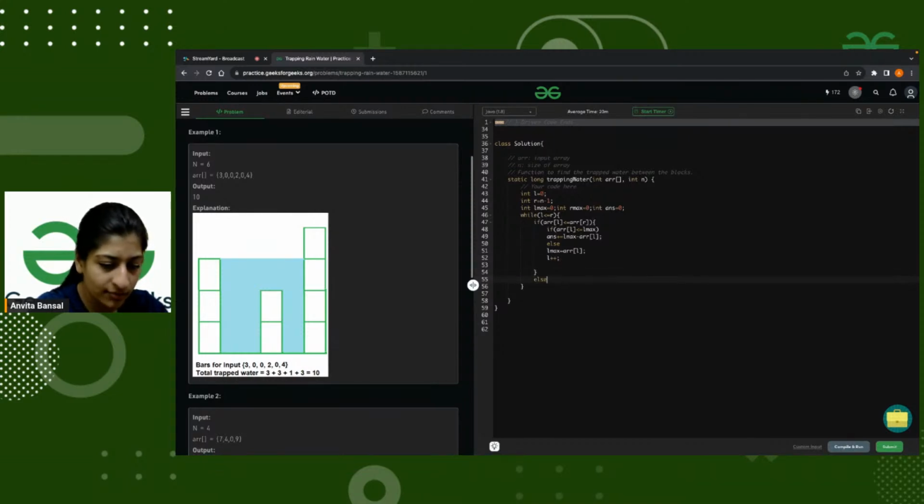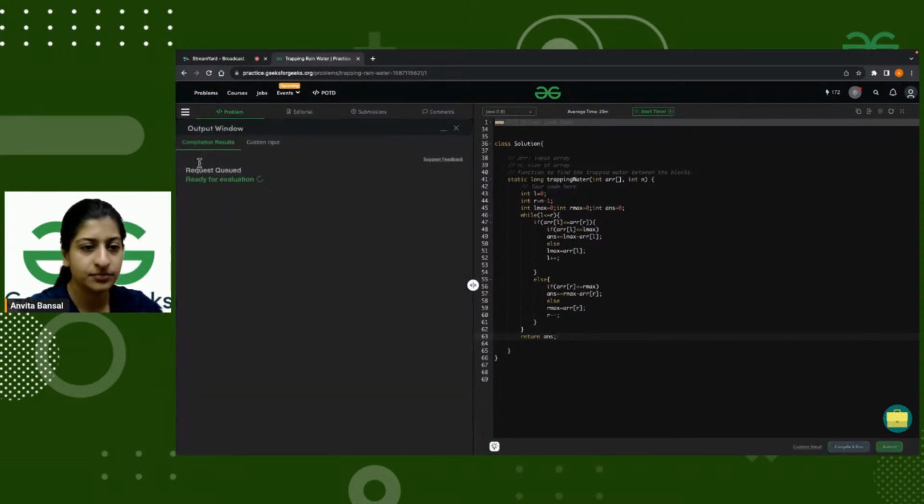Similar thing you are doing when your ARR of R is smaller than your ARR of L. In that case, if ARR of R is less than or equal to R max, that means you can store some water. So answer plus equal to R max minus your own height ARR of R. Otherwise, update your R max with ARR of R and then move to the index one less than your current index, that will be R minus minus, and finally return your answer.